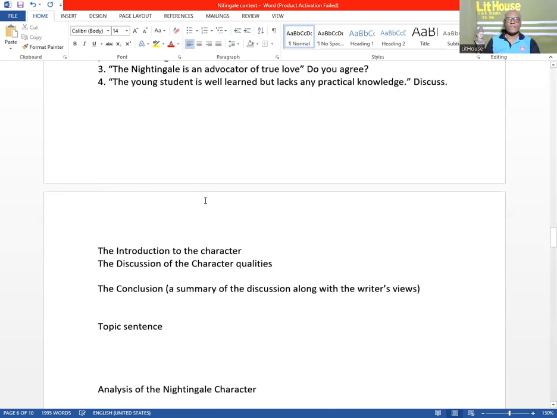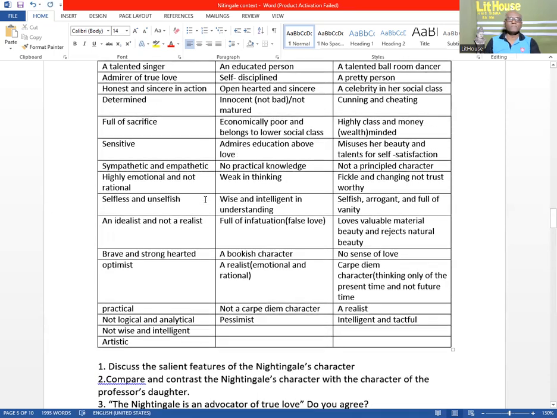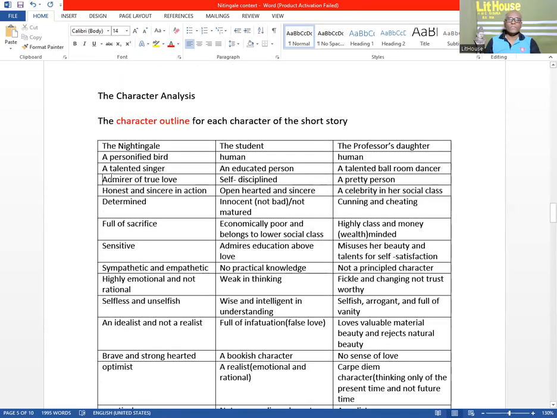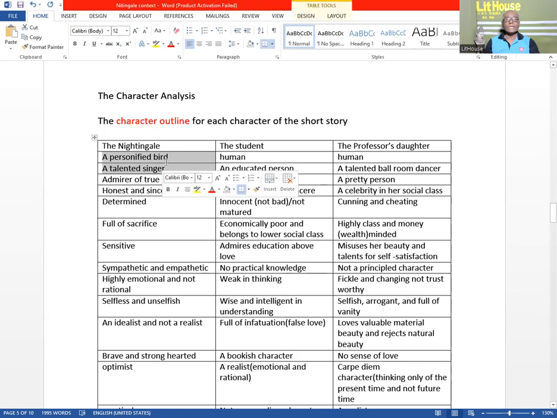Now, what is the topic sentence? We are going to use this time. This one. Admirer of true love. Earlier, we used these two as topic sentence. In the introduction, we used this one.